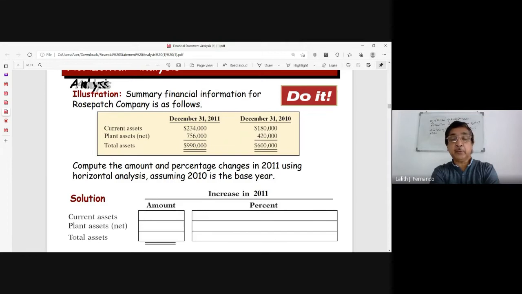Right. I think you need to come up with figures. Current assets increased by 54,000.